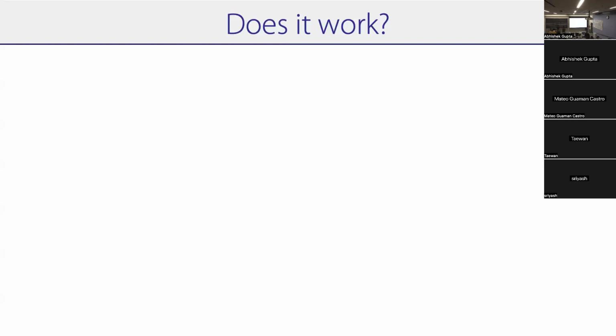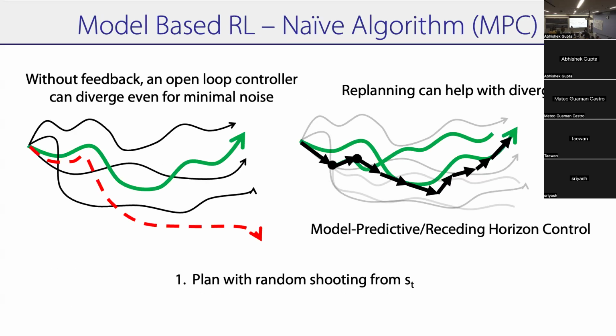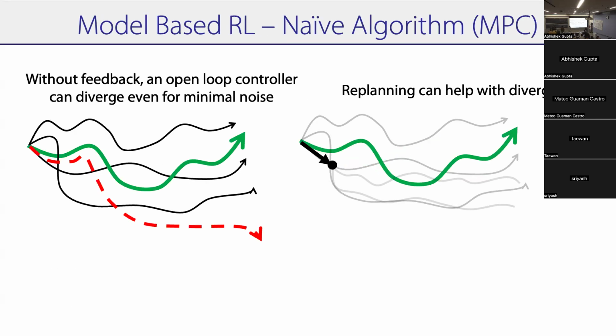That makes sense. So then what's the idea about planning and replanning? Let's say you take one step. Yeah. So are we replanning from that new state that you're in? I see, okay. Right, so if we're looking at this, you started here, and then you made a mistake and you ended up somewhere else. Then you start the planning process from there. So you sample a bunch of random trajectories from there and plan from there.